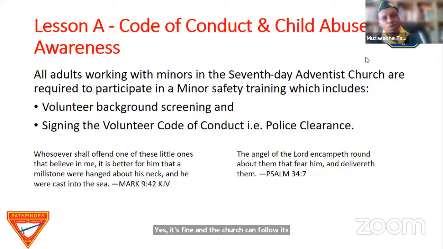The matter should also be reported to the authorities, such as the police, because the church board is not equipped to deal with some of these issues. I think I'm very clear, leaders, that we exercise zero tolerance to any form of child abuse.